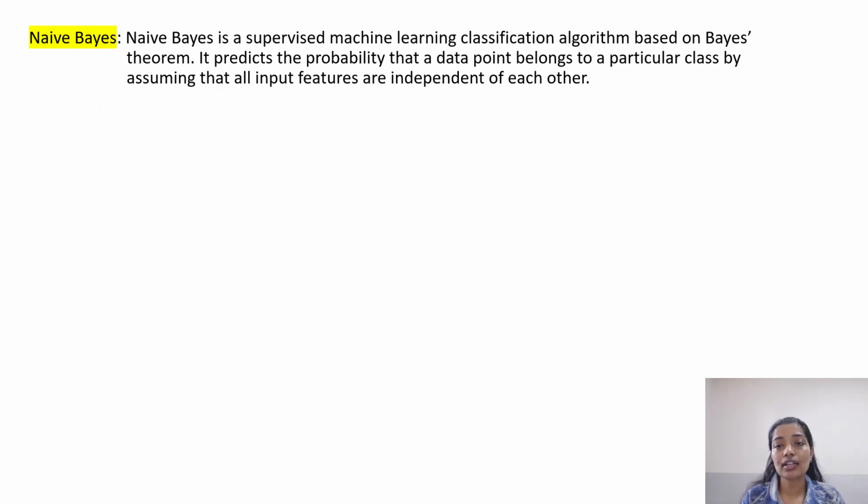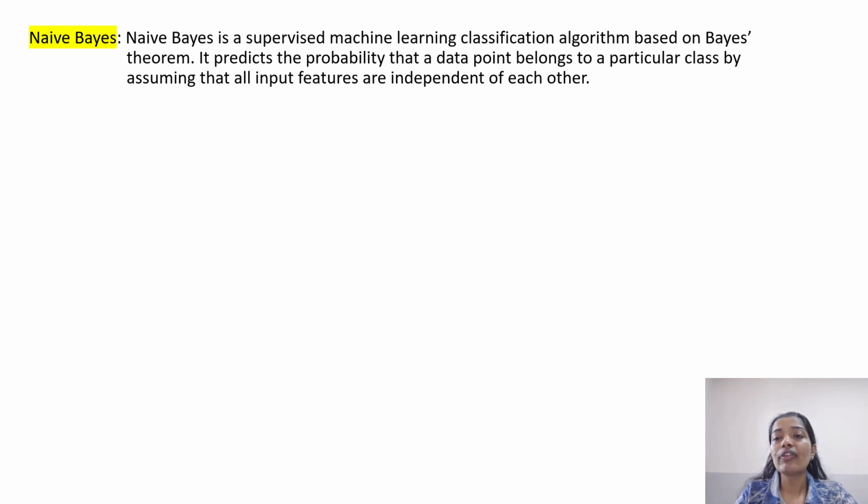As in KNN algorithm, we used to first decide the value of K. That was nothing but the number of neighbors that we will be considering while coming up with a decision. In the same way, the concept behind naive Bayes is Bayes theorem. So we use Bayes theorem to find out the probability that a new data point, where there will be multiple classes, belongs to which data class.